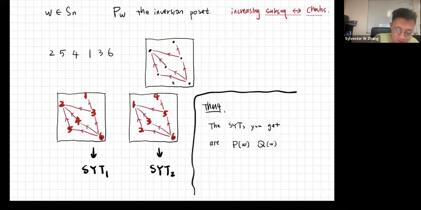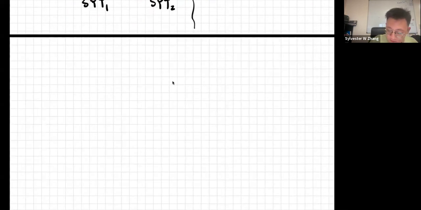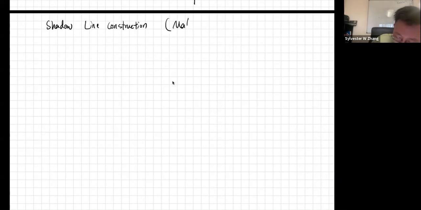Okay, so now I'm going to move on to another way of doing RS, which is called the shadow line construction. It's also called the matrix ball construction by Fulton in his book. But I prefer the name shadow line because it was the original name. It's also kind of more romantic.